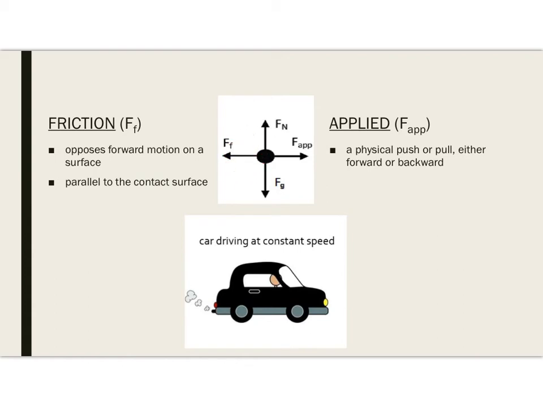That's why it's going at a constant speed instead of constantly accelerating. Okay, you notice that the applied force vector and the friction force vector are equal to each other here. So all of these are pretty much equal, and yet the thing is still moving. We're going to talk about that in just a minute.